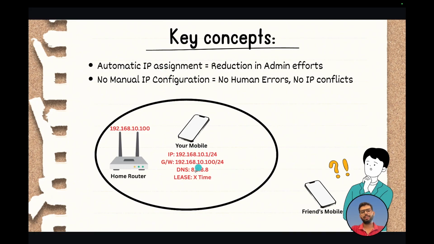Now imagine you need to configure IP manually. Let's say you configure the IP address 192.168.10.1, and you forgot what was the last IP that you assigned, and by mistake you configure the same IP on another device. That might lead to a human error, right? These are the key concepts that DHCP helps us in solving, right?